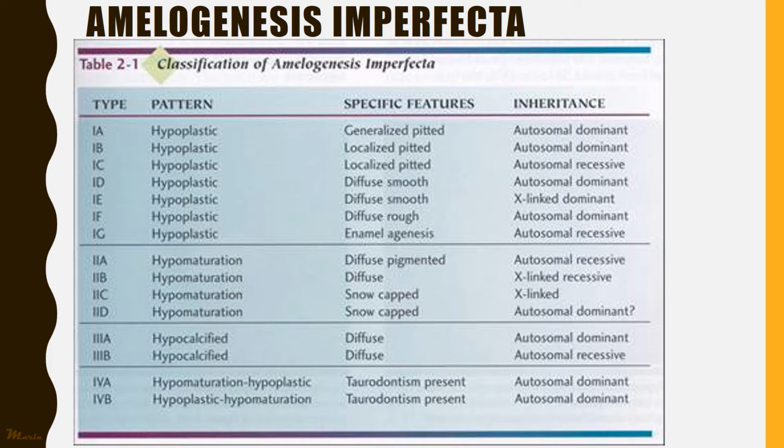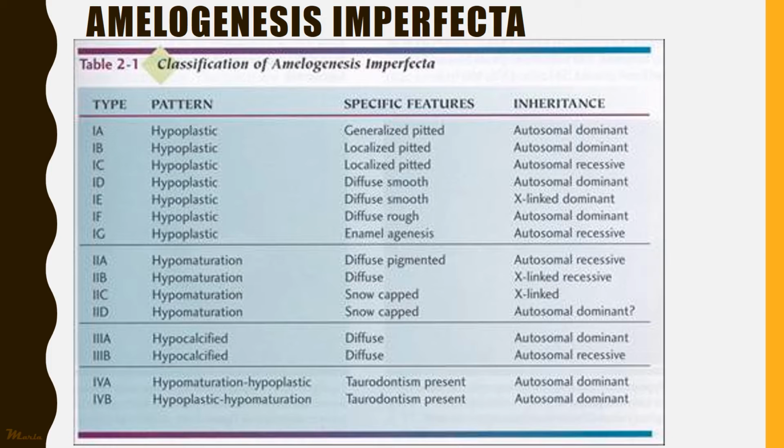Type 2 is the hypomaturation type and may show clinical manifestations like diffuse pigmented or snow-capped. The snow-capped form is a typical clinical characteristic and can be identified easily.